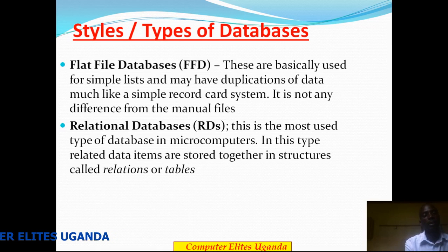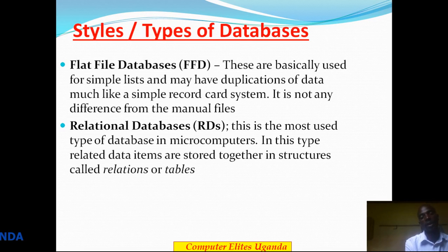Then a relational database. This is the most used type of database in microcomputers or in personal computers. And in this type, related data items are stored together in structures called relations or tables. So this means that when you're organizing information, you can organize it in different tables.